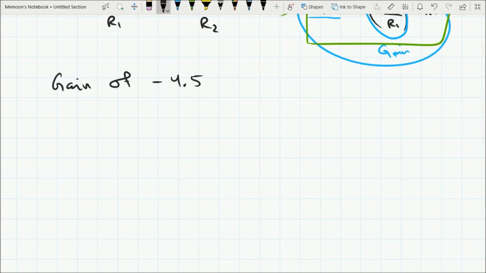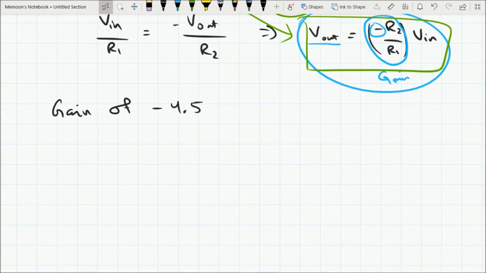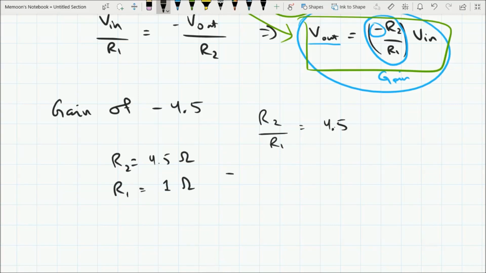As we know, the formula of the gain is negative R2 over R1. So all we have to do is set the ratio of R2 over R1 equal to 4.5 to achieve this gain. What if we choose R2 equal to 4.5 ohms and R1 equal to 1 ohm? This means that R2 over R1 will be equal to 4.5.